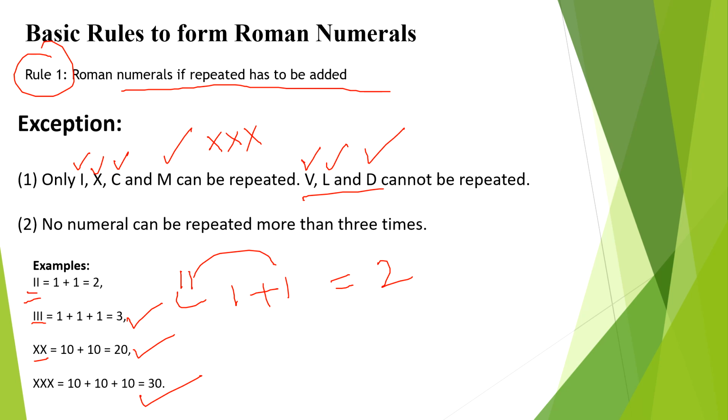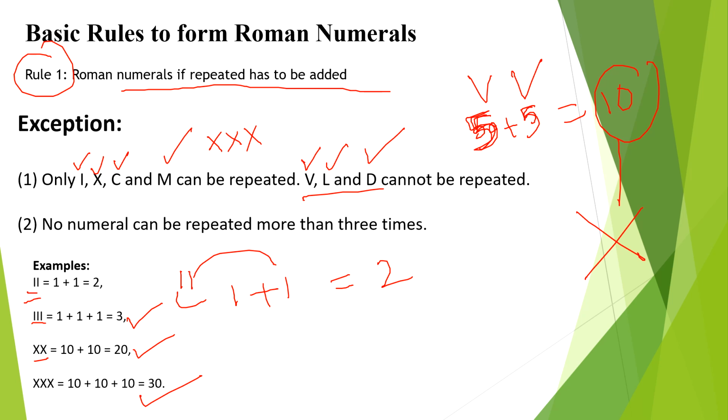For example, if you want to write VV, thinking that it's going to become 10, this is 5 and this is 5. If you add them, it should become 10. This is wrong because in Roman numerals we write our 10 as X. So it already has a symbol.